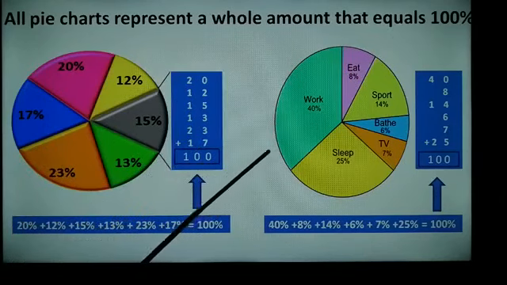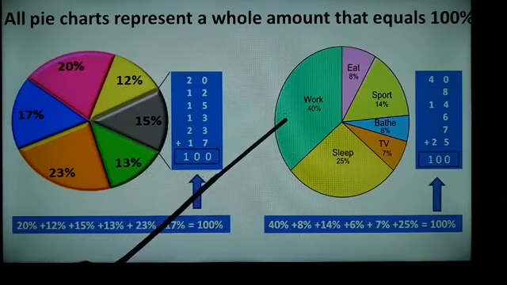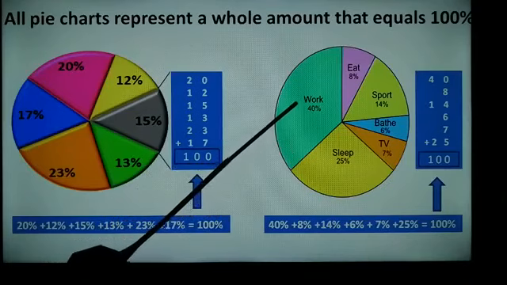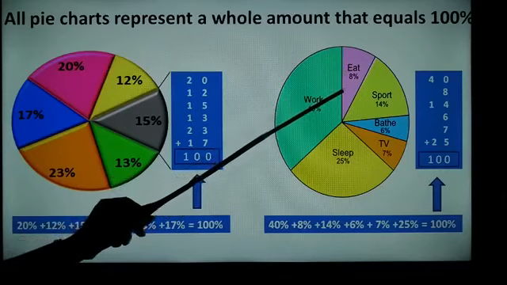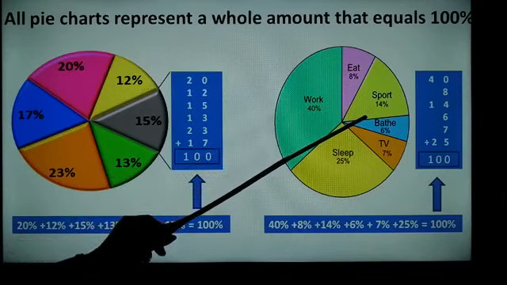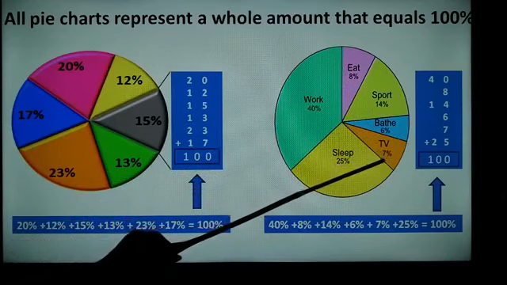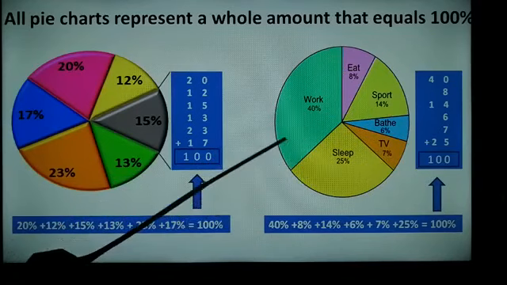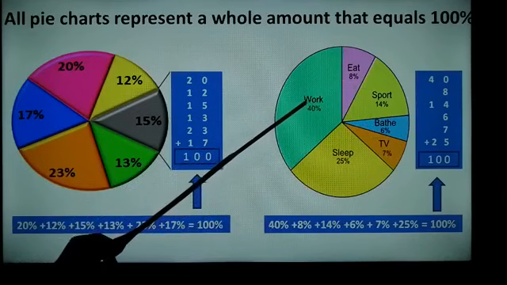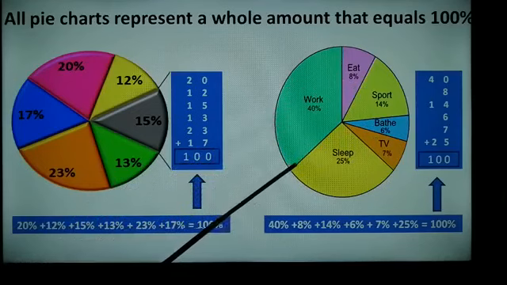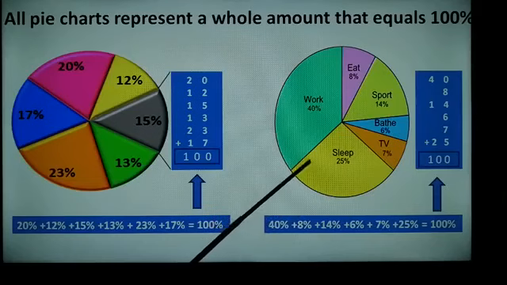Just check the next one. In this pie chart, it is mentioned: work 40%, eat 8%, sport 14, bathe 6, TV 7 and sleep 25. When you read like this, you will get an idea. It's a distribution of one day, how a person is spending his time.